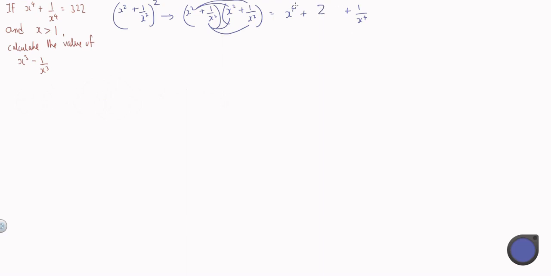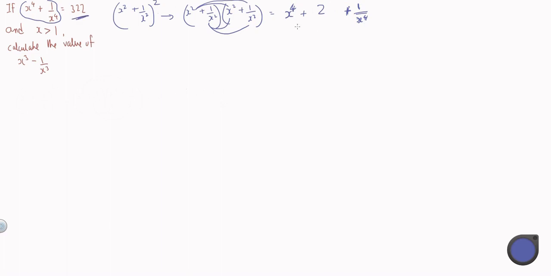But you'll notice this bit over here, x to the power of 4 plus 1 over x to the power of 4. You've seen that right here. It's right here. x to the power of 4, add 1 over x to the power of 4. So this bit and this bit together is worth 322.